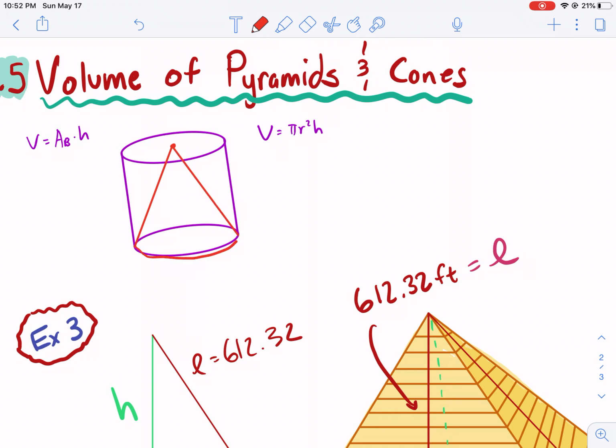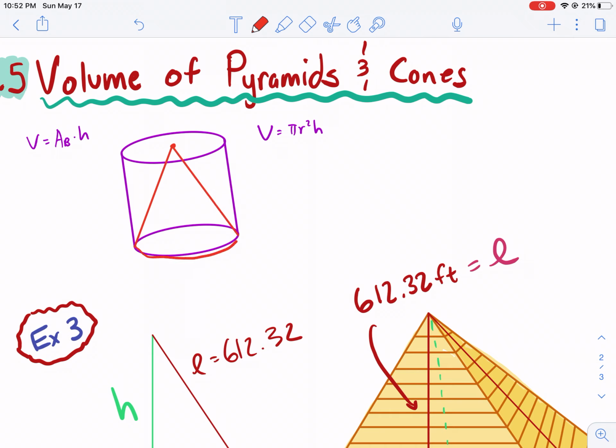It touches the top. I hope you can pretend to visualize that. So if I drew a solid shape around this pyramid, how do these volumes relate?